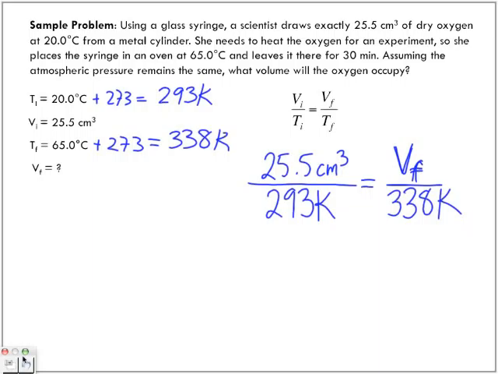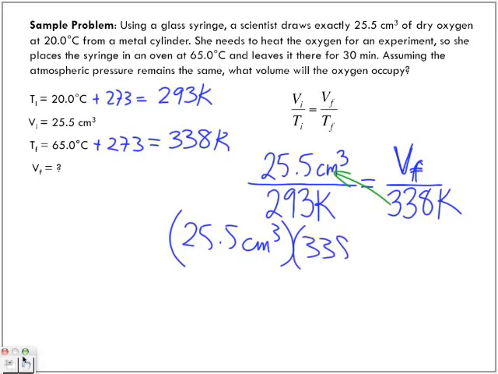Because we have a number that's in the denominator, we are going to bring this across the equal sign and to the top. So what we're going to have is 25.5 centimeters cubed, multiplied by the 338 Kelvin that we've just brought over.